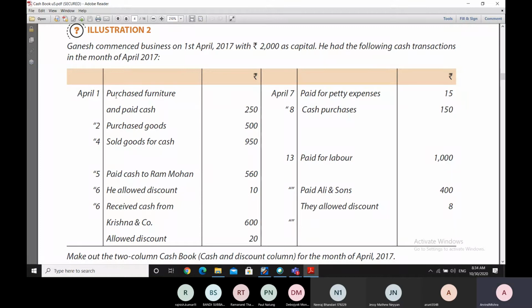For example, on April 1, he purchased furniture and he paid cash for that. On April 2, he purchased some goods and he paid cash for that, because we are writing that he has made the following cash transactions, which means that wherever the word cash is not mentioned, we can take them as cash transactions.